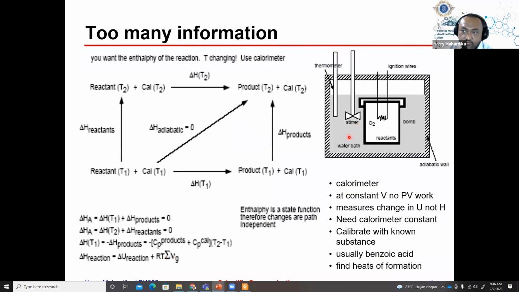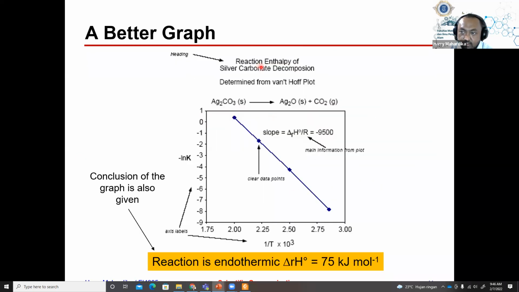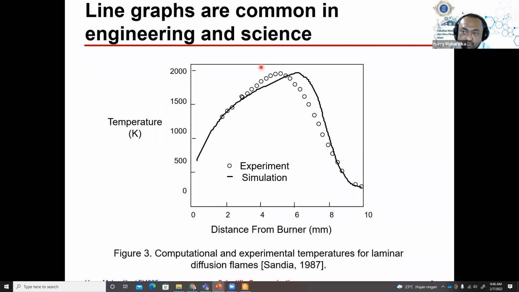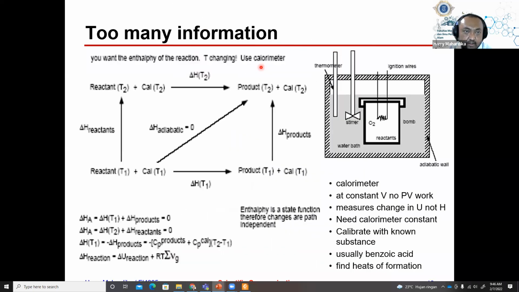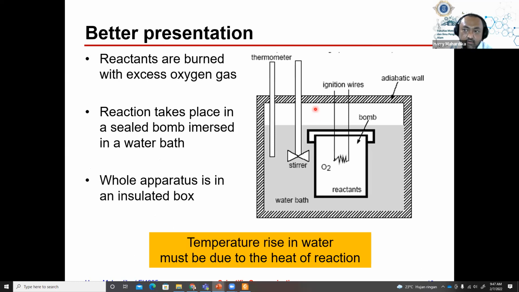Okay, and then avoid giving too much information like this one. Make your display concise and simpler for the reader to understand. Instead of using this schematic, which shows too many processes, and even in a presentation you may take more than a minute to explain it, modify it into a better display like this one.